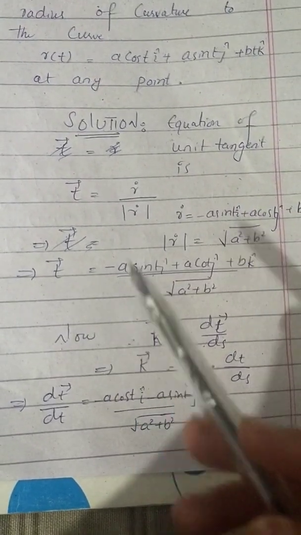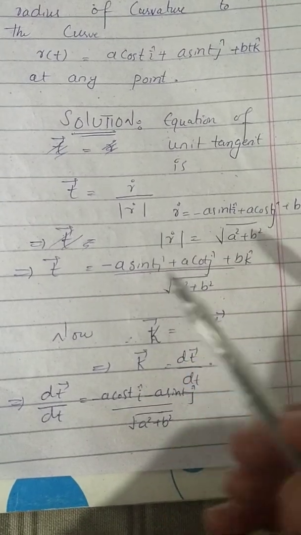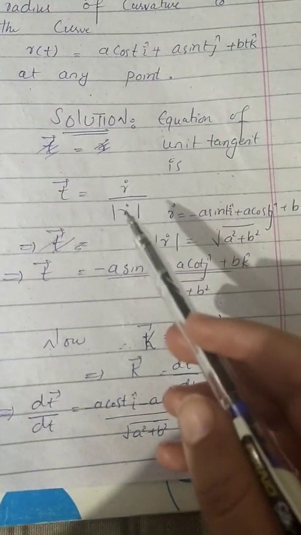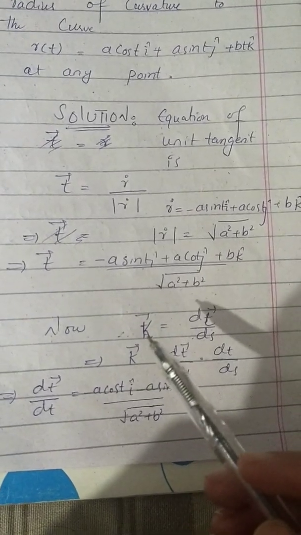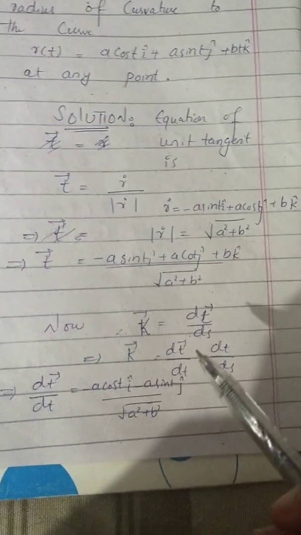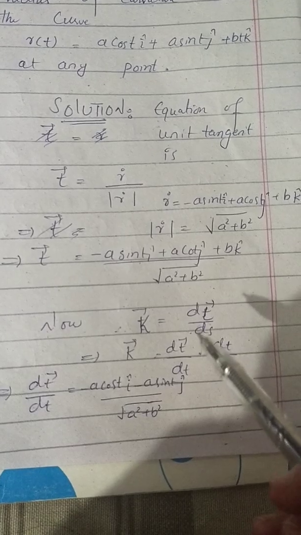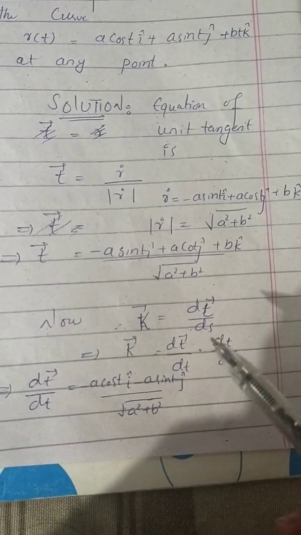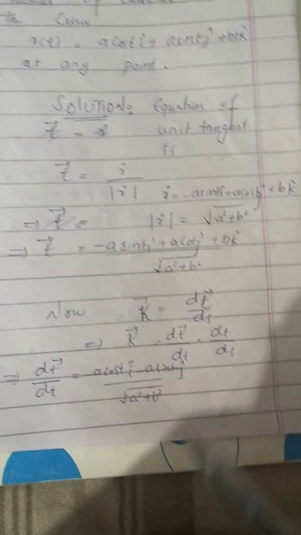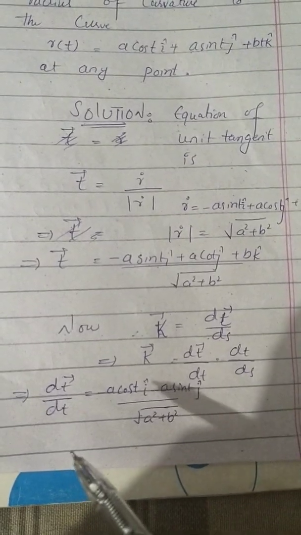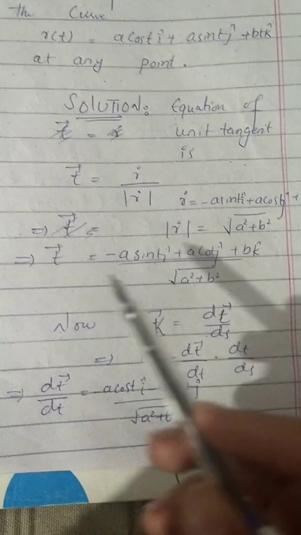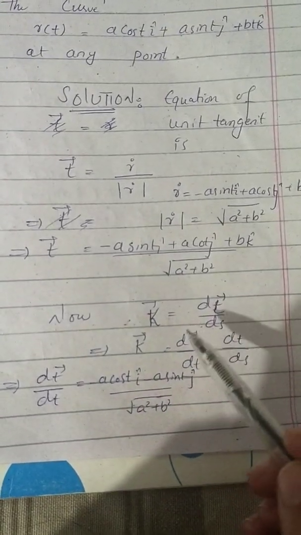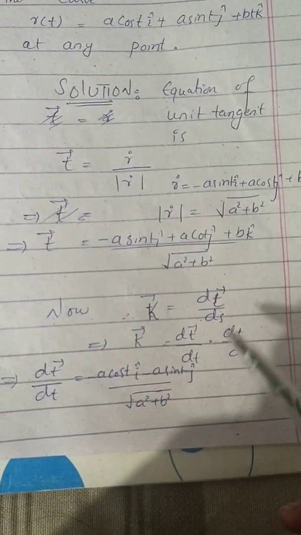Now after this we will substitute these two terms in this mathematical relation. As you know, curvature is equal to dT by ds, and here the chain rule will be used, as the other term dT is mentioned here. Now after this we take the derivative of this with respect to t, as we need the result of this and also this.